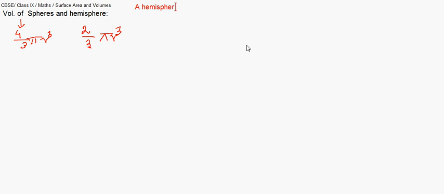A hemispherical bowl is made of steel which is 0.5 centimeter thick.